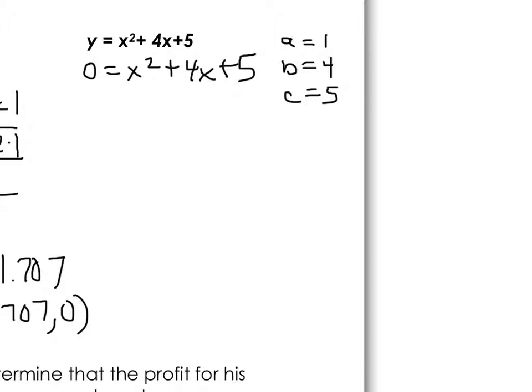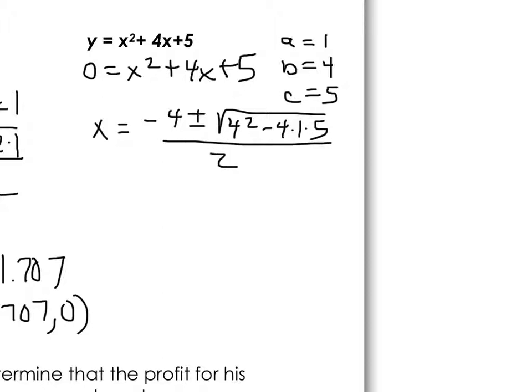So the quadratic formula tells us that x is negative 4 plus or minus the square root of b squared minus 4 times a times c, all over 2 times a.